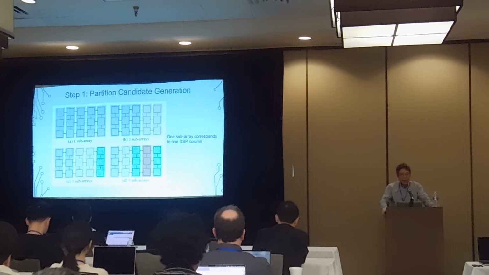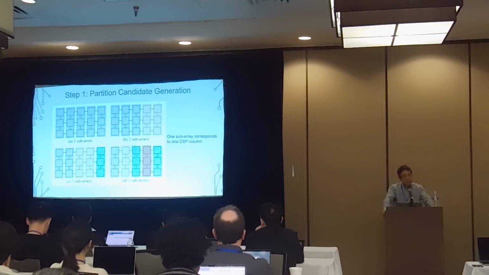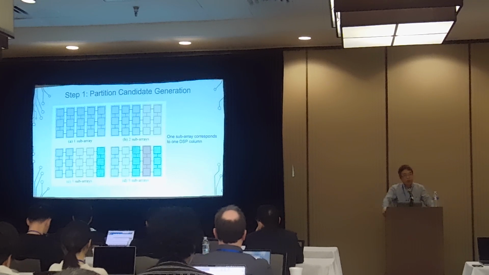Okay. So how to do that? I will show that we have a several-step approach. The first step is to do the partitioning of those systolic array columns, and this systolic array is a 3x5. I will use a color to represent a different candidate for partitions.